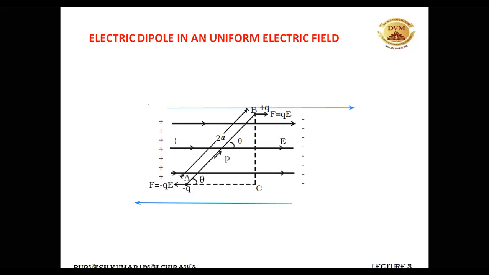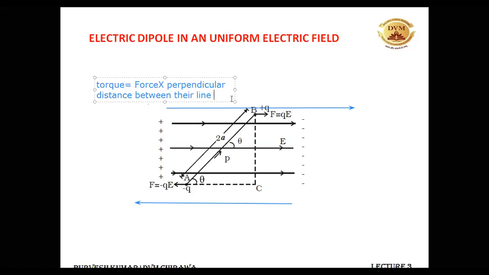And we know the torque can be calculated. Torque is equal to what? One of the forces of the couple multiplied by the perpendicular distance between their lines of action.